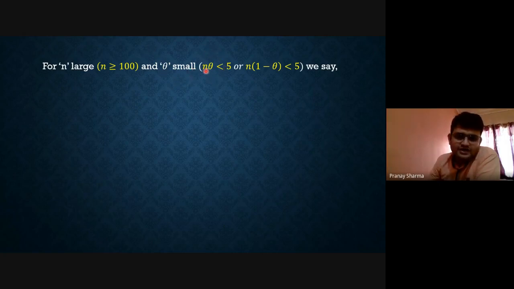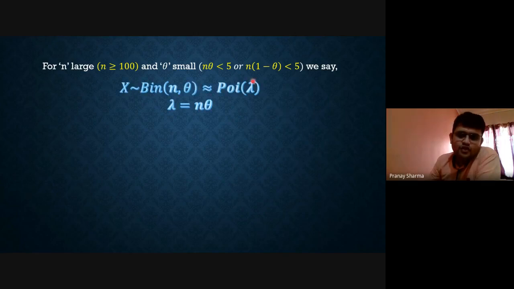So we'll have n theta less than 5 or n(1 minus theta) less than 5. We say our binomial distribution will follow Poisson distribution. It is an approximation, not an exact value. That is why I've written approximately here. Our Poisson distribution has only one parameter, lambda, which equals n theta.